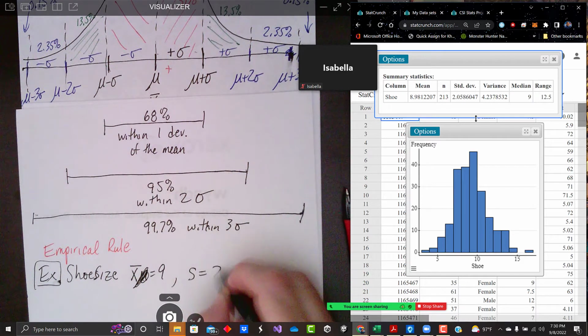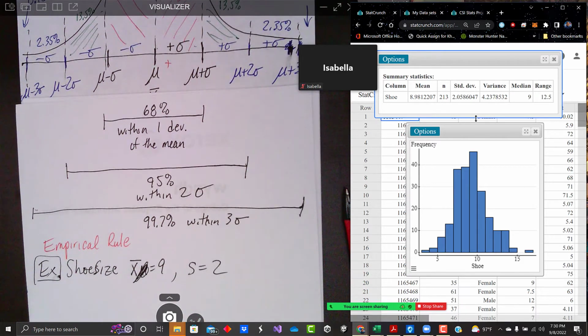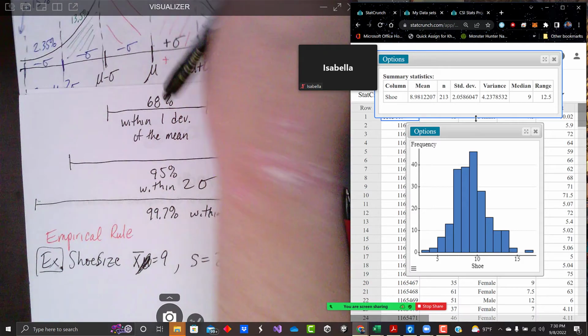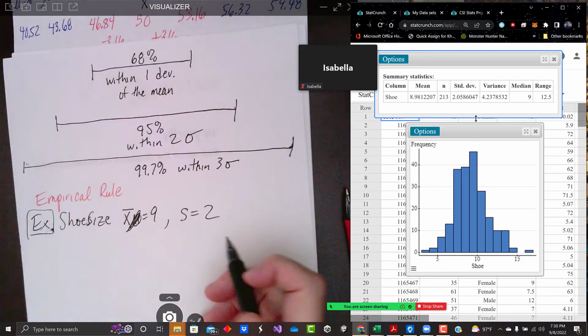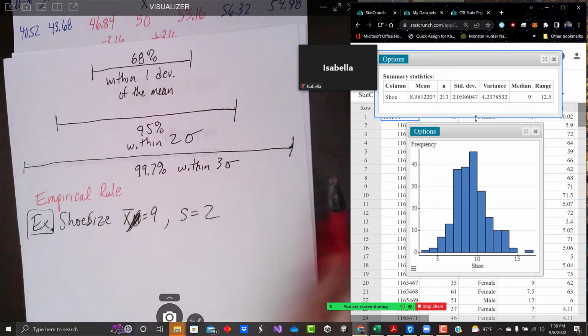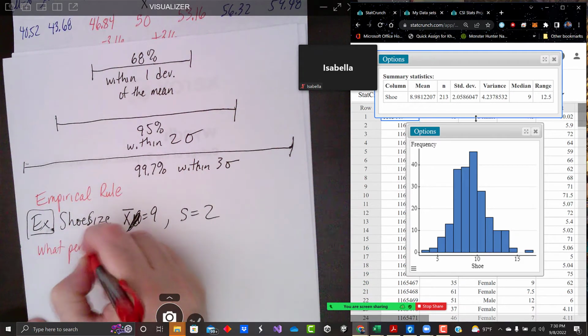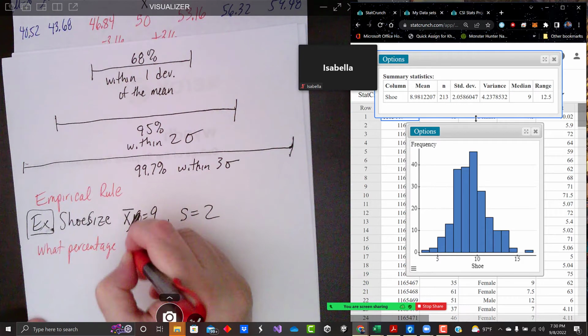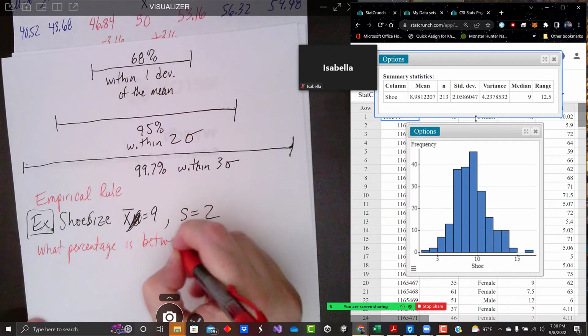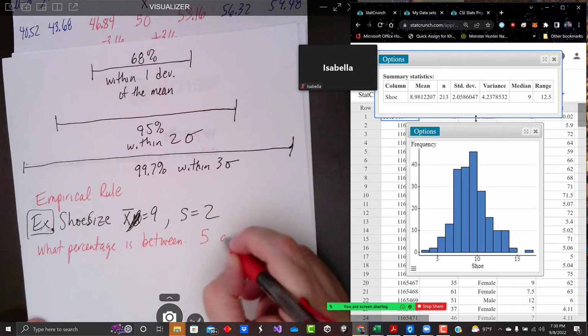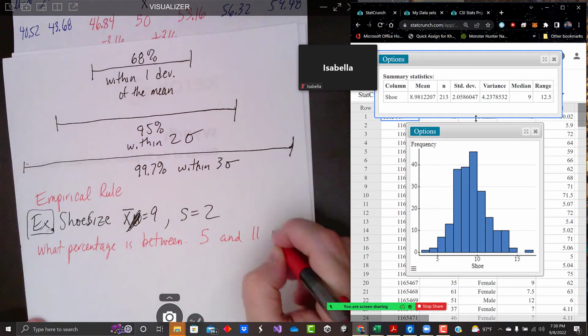And s is 2. They might ask you what percentage is between 5 and 11 in shoe size.